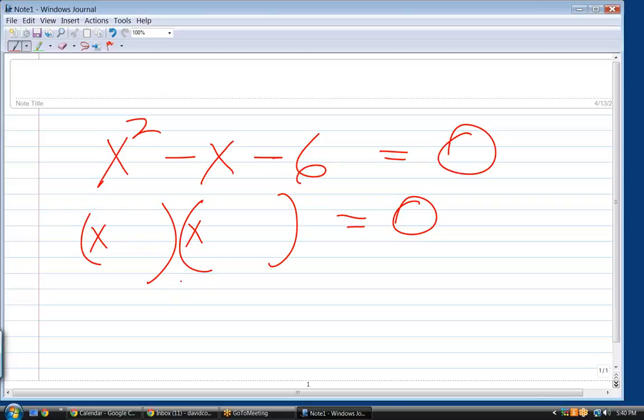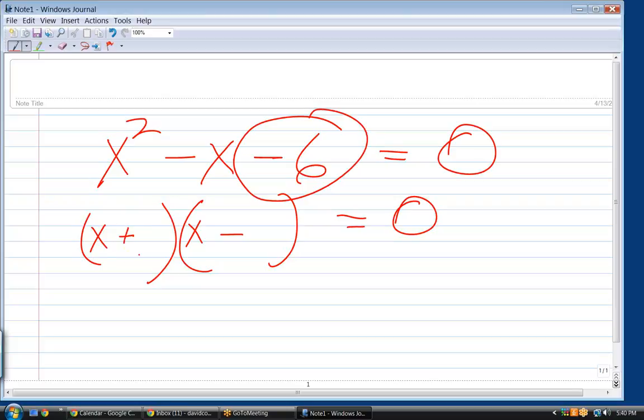Second step, determine your signs, both of them. What are my signs going to be? Is it going to be plus, minus, plus, minus? What is it? Probably minus, I think. Well, if I add minus, minus, this would have to be a plus.